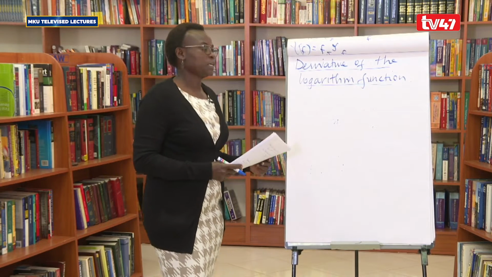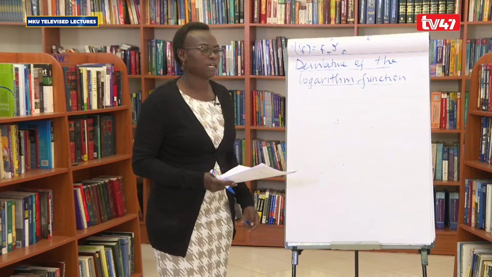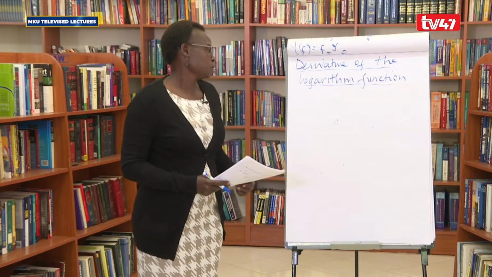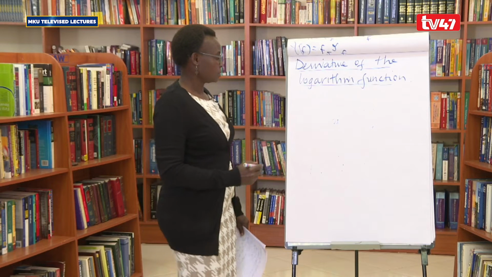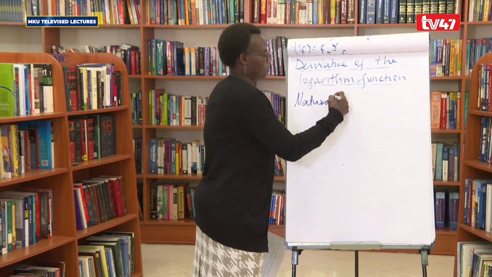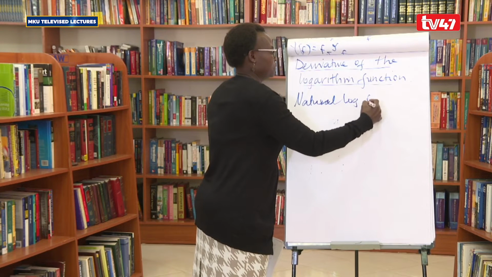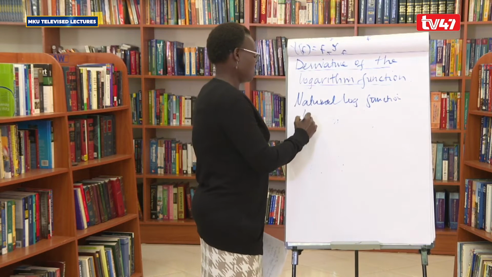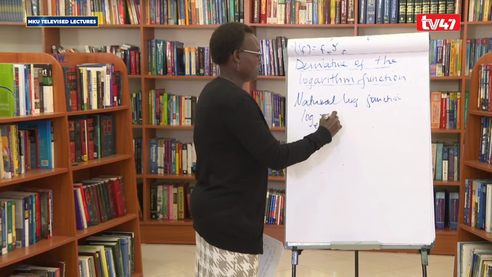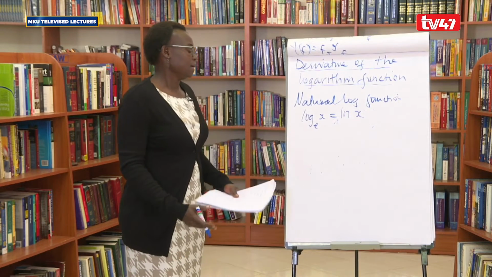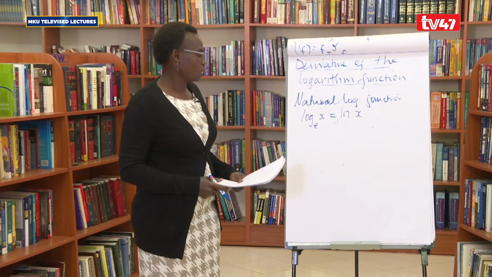So we have different bases of the logarithm function, but we'll categorize them into two. We have the natural logarithm function, which is log to base e of x, generally just expressed as ln of x.